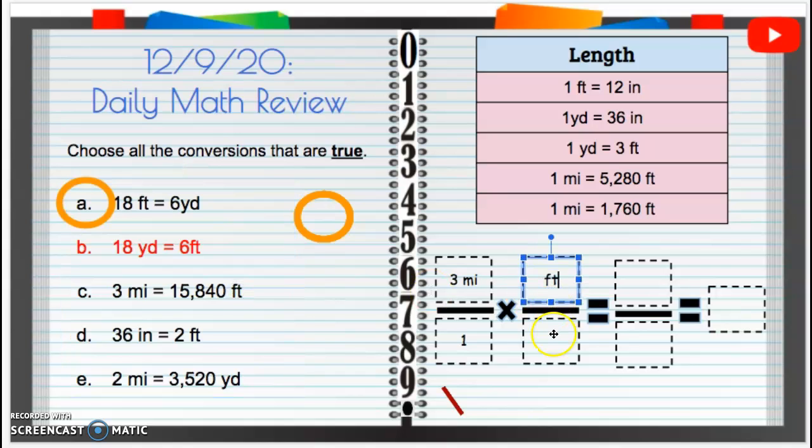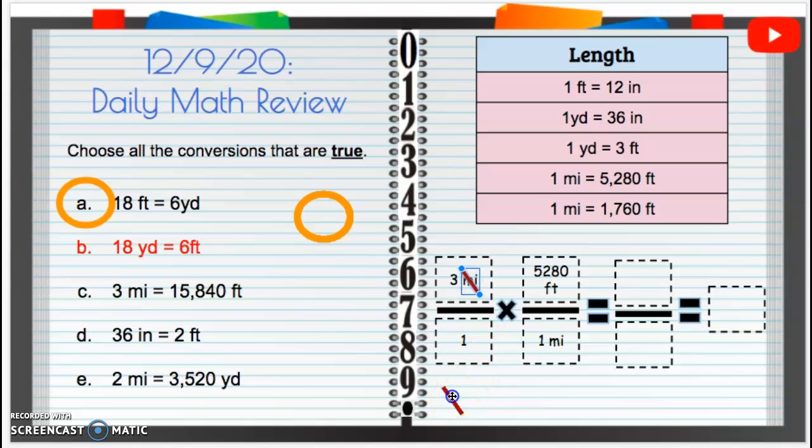So let's convert to feet, get rid of our miles, and we're going to look at feet and miles. Oh, here we go. There are 5,280 feet in 1 mile. Now, if we were to multiply these, let's go straight across.